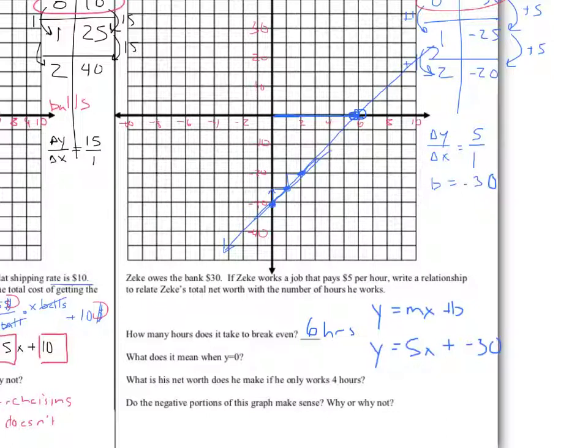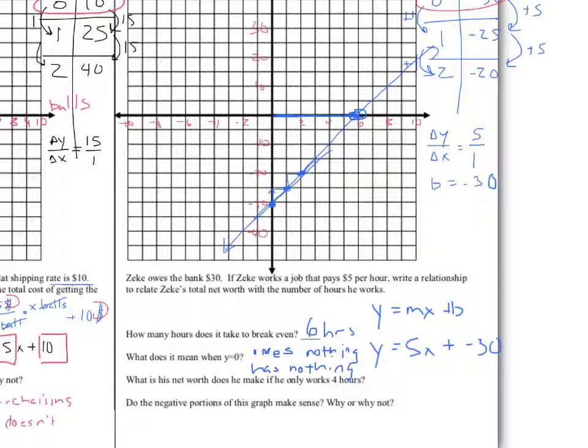What are we talking about, Sammy? They're even? Yeah, they're even. He owes nothing. But he also has nothing. When his net worth is equal to 0, he owes nothing and he has nothing.